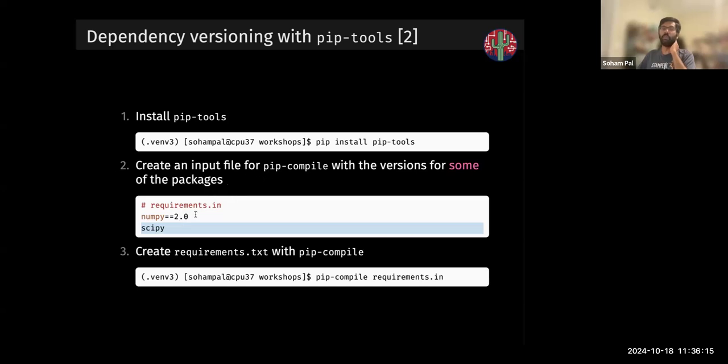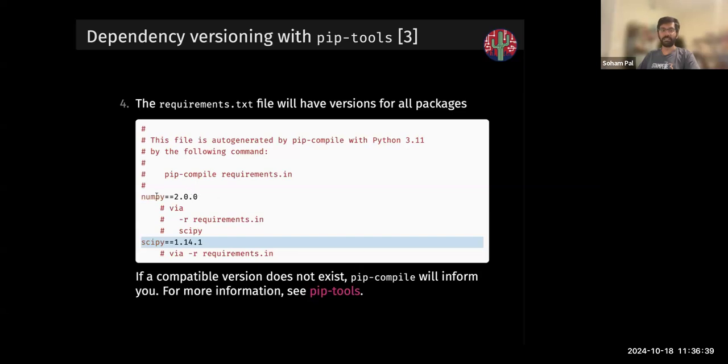So pip compile will figure out a version of SciPy that is compatible with the NumPy version 2.0. So if I do pip compile and then the file name, it will create this file which has both the NumPy version and the SciPy version. And then after that, you can use this file to install your packages.